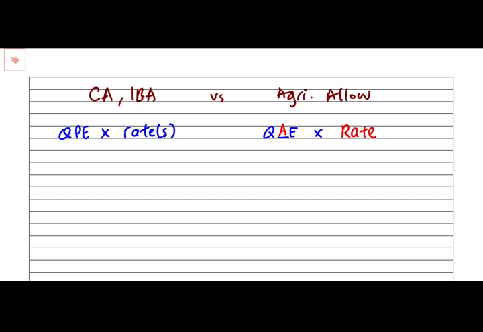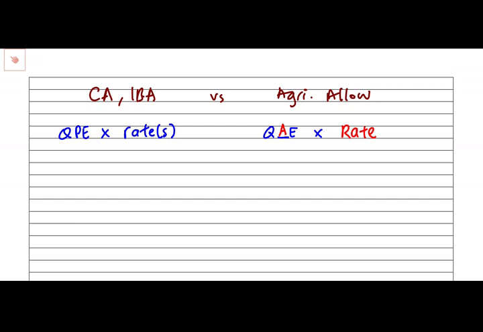Mathematically, if the rate's 50%, how long do you need to claim? 2 years. Wow, it takes so long. Okay, 2 years. If it's 20%, 5 years, and 10%, 10 years. That's it. No IA, no AA, just agriculture allowance.